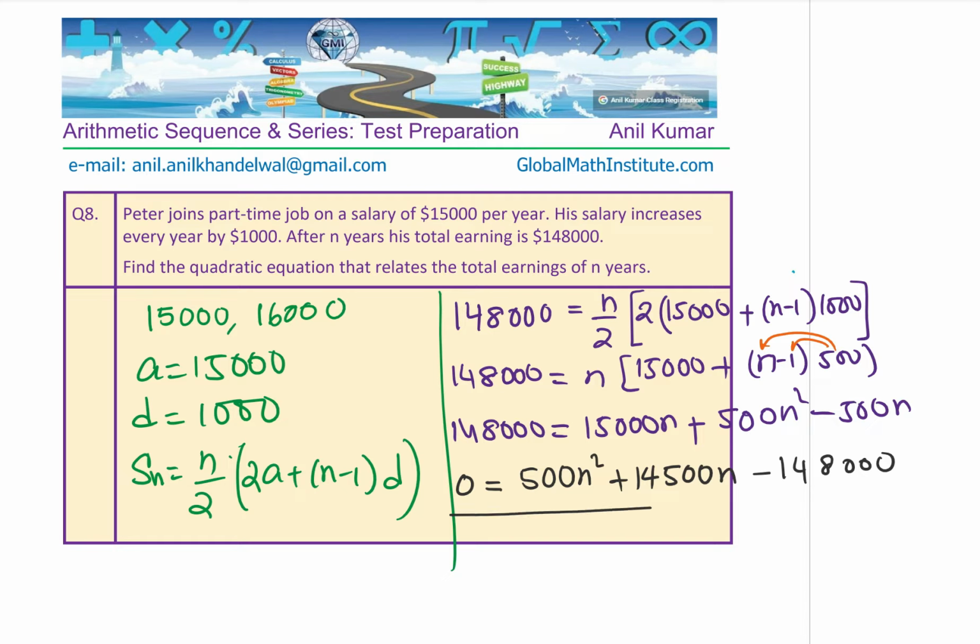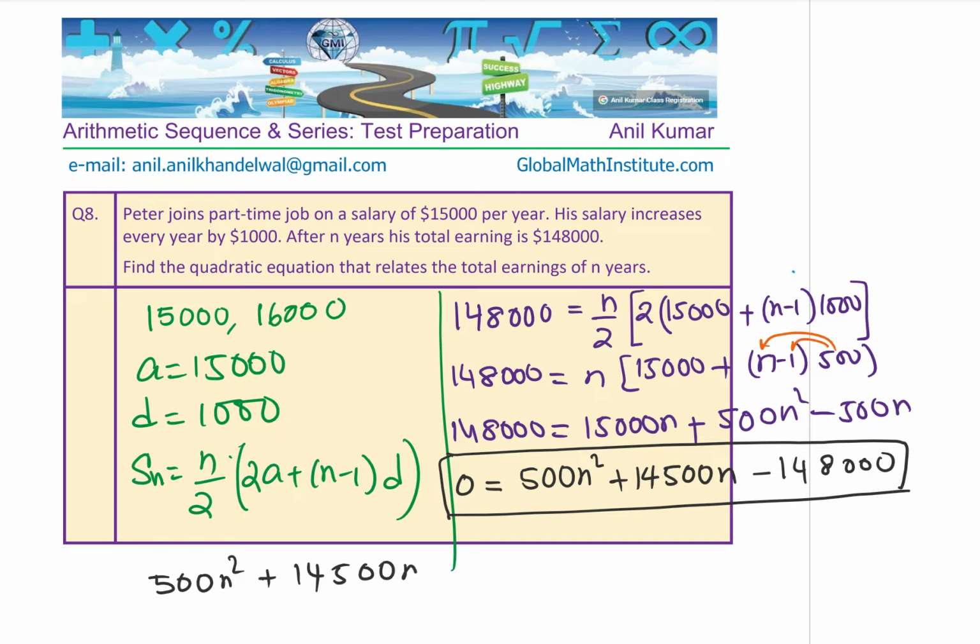Do you see that? So we get a quadratic equation which represents this situation. So that is how we can actually find the solution of this equation, correct? So we have 500 n square plus 14,500 n minus 148,000 equals 0. So that becomes the solution in the form of a quadratic equation for this question, right?